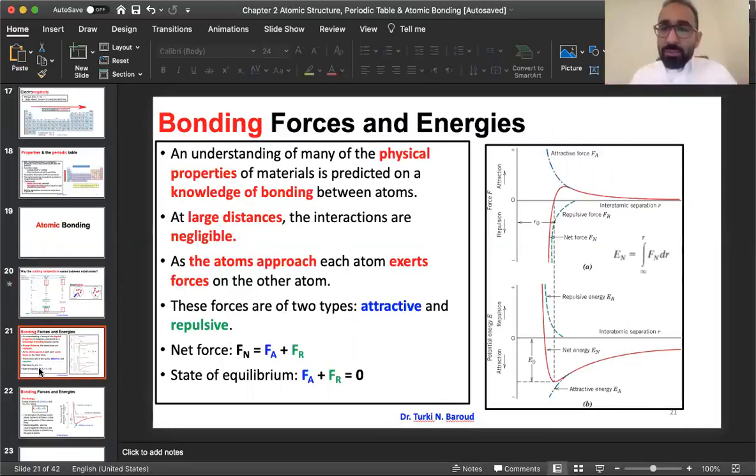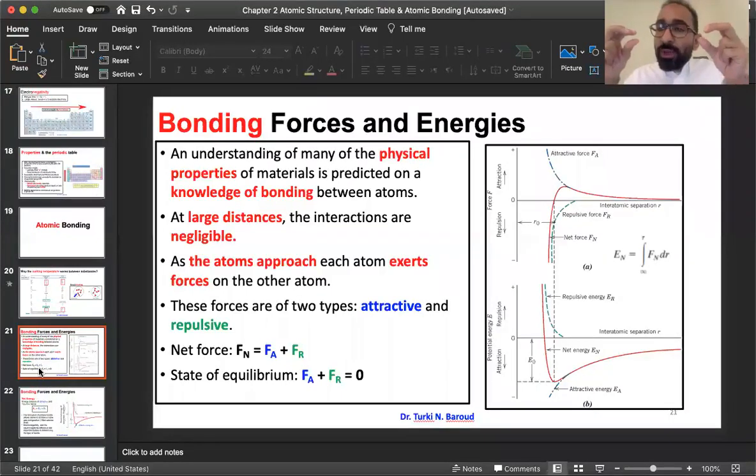Now imagine you have two atoms, and you want to plot what happens when they are far away and you start to bring them closer to each other. What kind of forces might they exert on each other? If two atoms are far away from each other, they don't see each other. There is no effect.